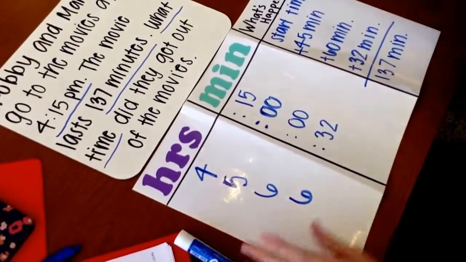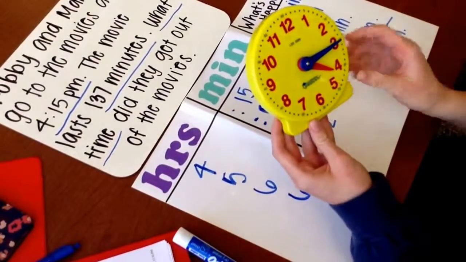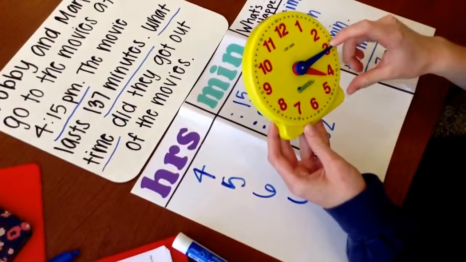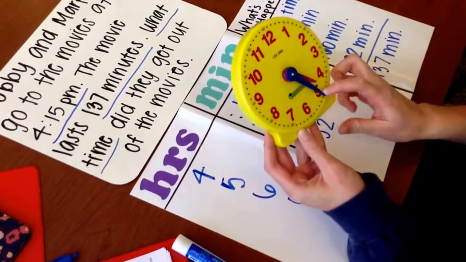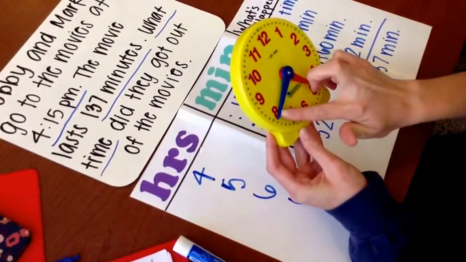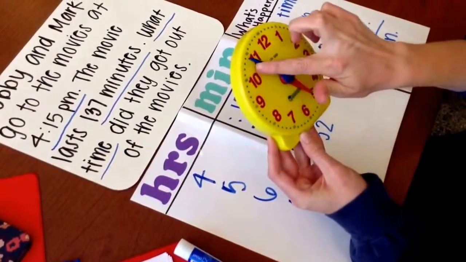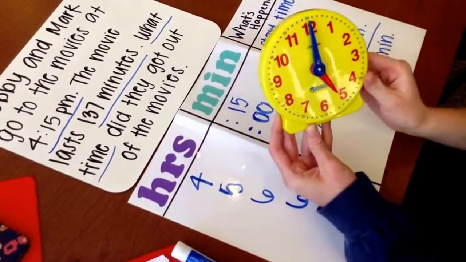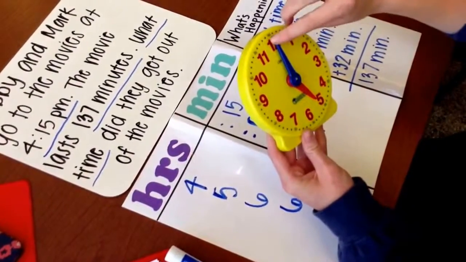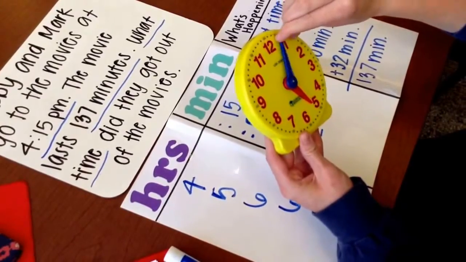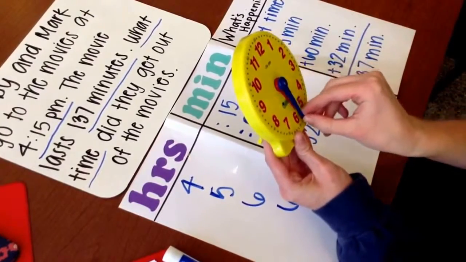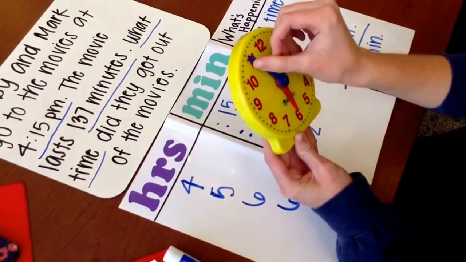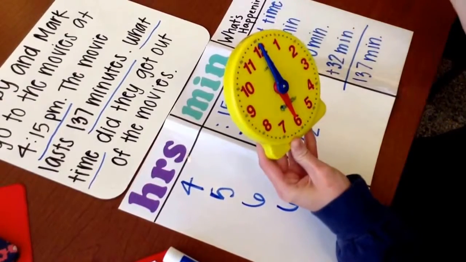So, if we start here and we go 45 minutes, we have 5, 10, 15, 20, 25, 30, 35, 40, 45. It's 5 o'clock. We go 60, so it's going to be a full hour to get to 6 o'clock.